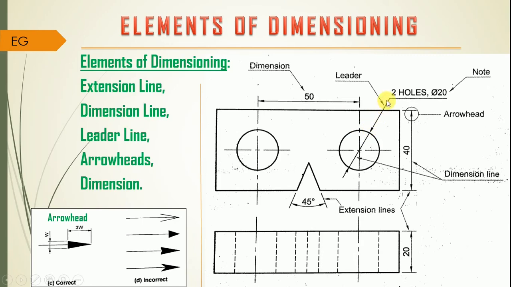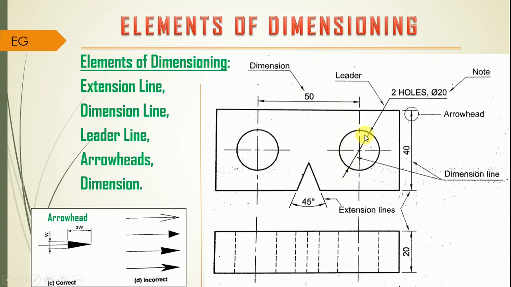That inclined line is called the leader line. Do remember, we use the leader line only where we show the dimension or the diameter of a circle.